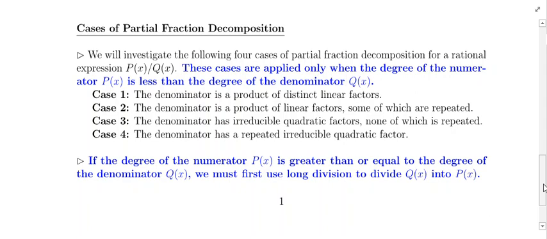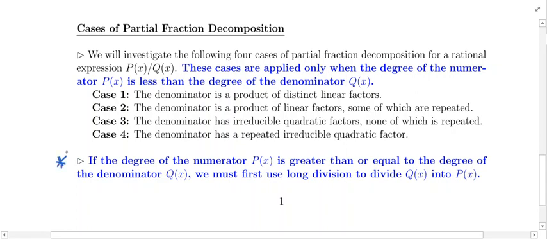These cases are applied only when the degree of the numerator p of x is less than the degree of the denominator q of x. Okay, so that's important. That's why it's in blue. Cases 1, 2, 3, and 4 apply only when the degree of the numerator is less than the degree of the denominator. Okay, if we have the reverse situation where the degree of the numerator is bigger than the degree of the denominator, we'll talk about that down here.